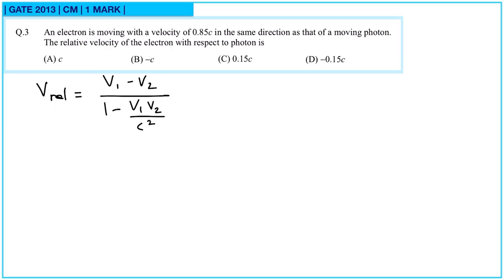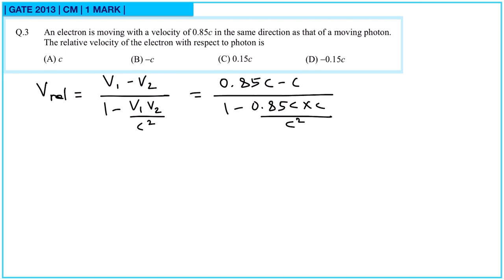Its velocity is given: (0.85c minus c) upon (1 minus 0.85c into c upon c square). So this is equal to minus 0.15c upon (1 minus 0.85), which is again 0.15. So this is equal to minus c. So option B is correct.